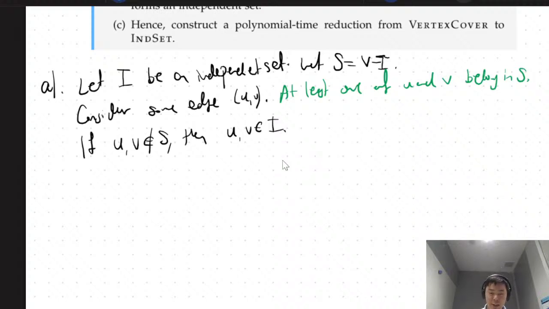Now I have two vertices, and I know that these two vertices share an edge. And if both of them are not in S, then both of them must be in my independent set. But if you look at the definition of the independent set, these are vertices that don't share any edges. If you take any pair of vertices in my independent set, they don't share an edge. So this is a contradiction.